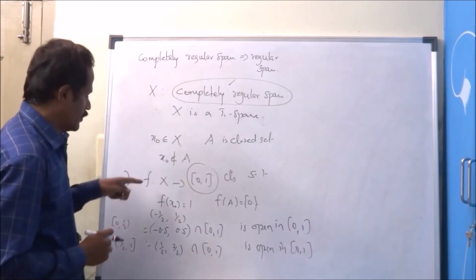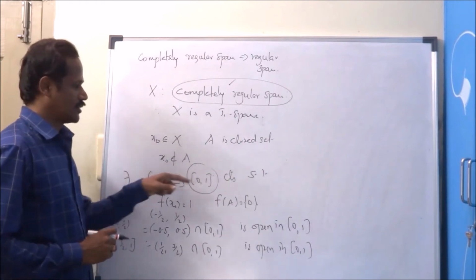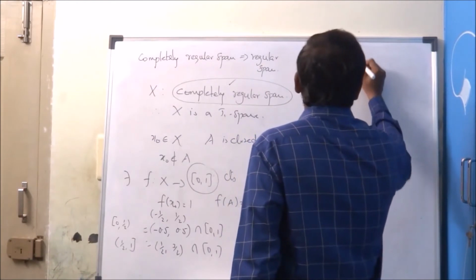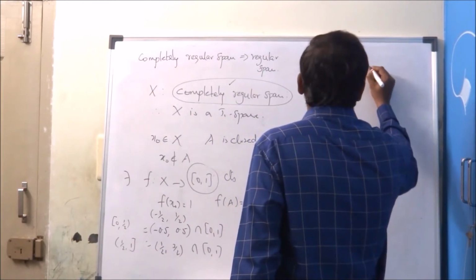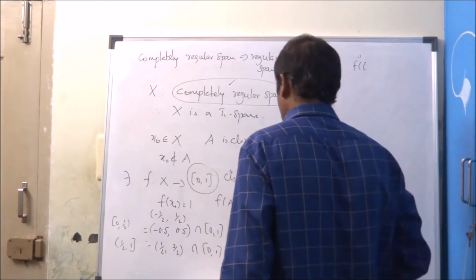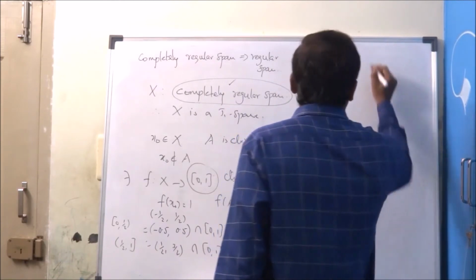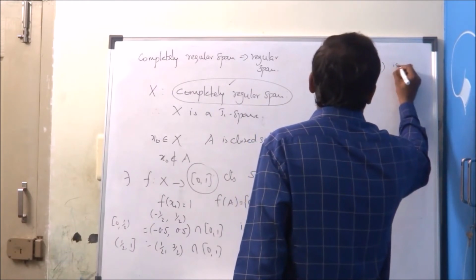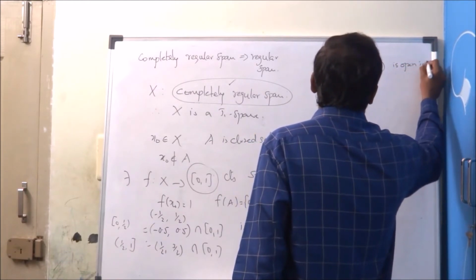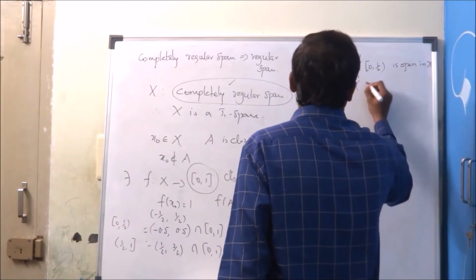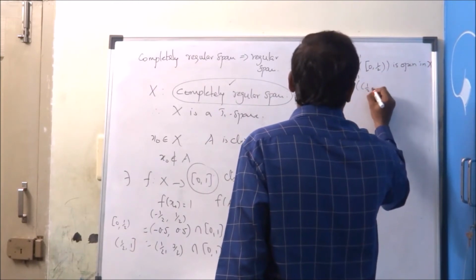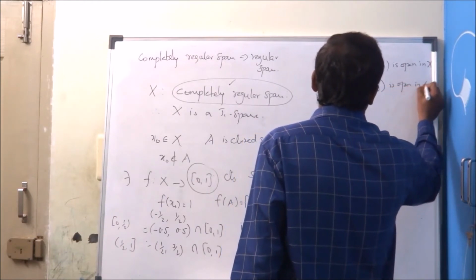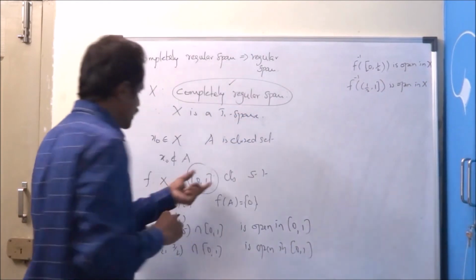Now, f is a continuous map from X to [0, 1]. Therefore, the pullback of every open set is open, which means that f inverse of [0, 1/2) is open in X, and f inverse of (1/2, 1] is open in X, because f is continuous and these two are open sets in the codomain.